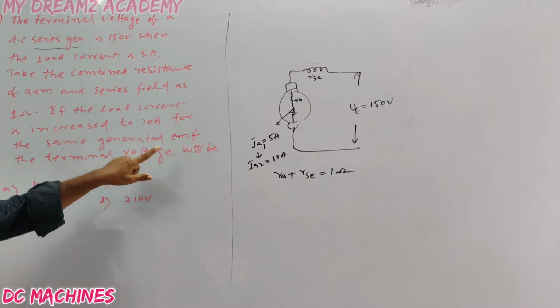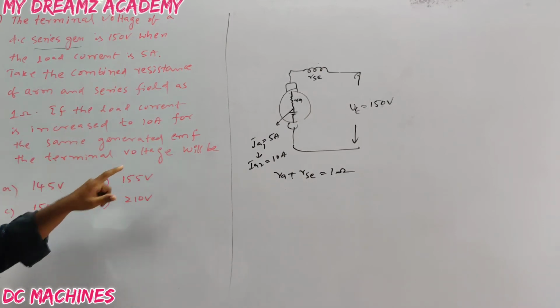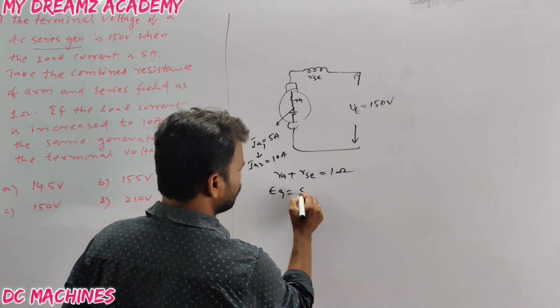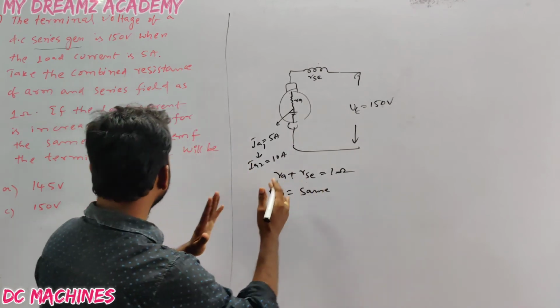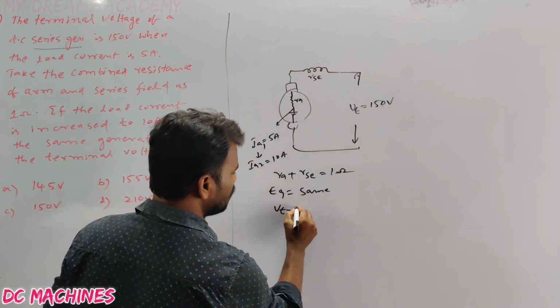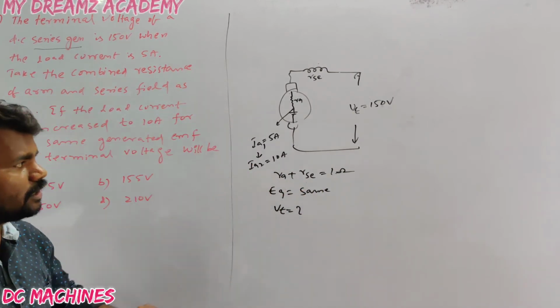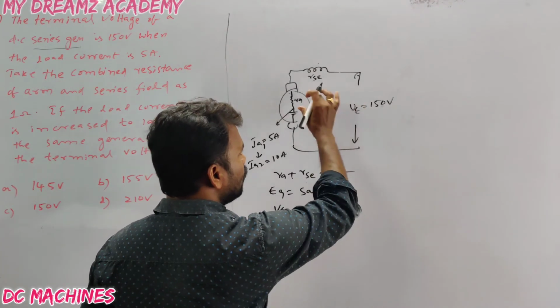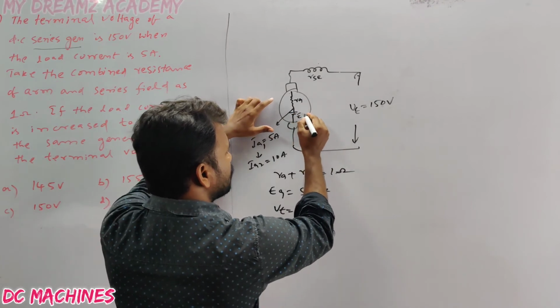for the same generated EMF, the terminal voltage will be... Here the generated EMF will be the same, and we have to calculate the terminal voltage. For the DC series generator, what is our equation?